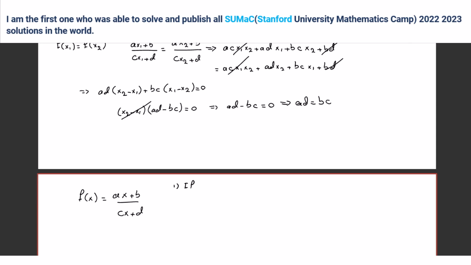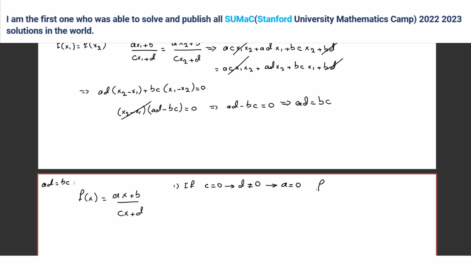If C is equal to 0, then D is not 0. Then what can we conclude if AD is equal to BC? A times D is 0, so A also has to be 0, because D is not 0.